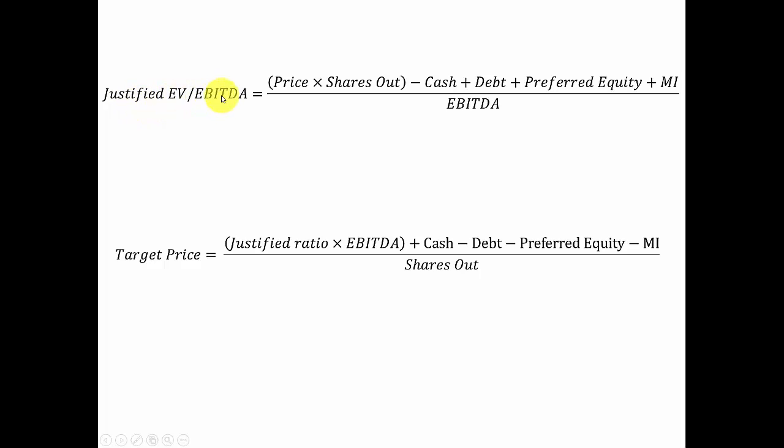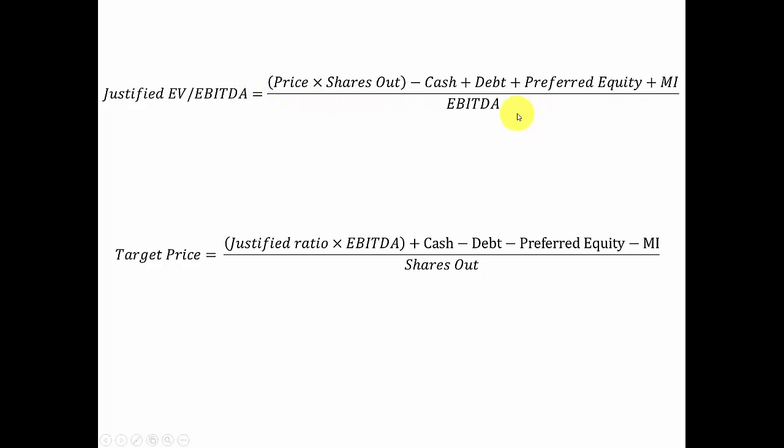You're saying that the company that you're analyzing should trade for the enterprise value to EBITDA of its peers. And that means that this should equal the enterprise value divided by the EBITDA of the company that you're analyzing. So you take that justified multiple and you set it equal to this.